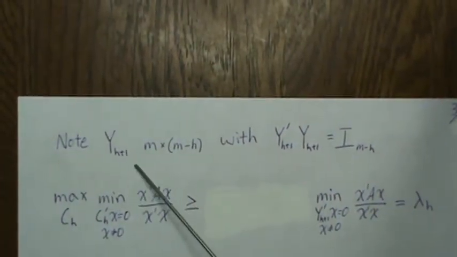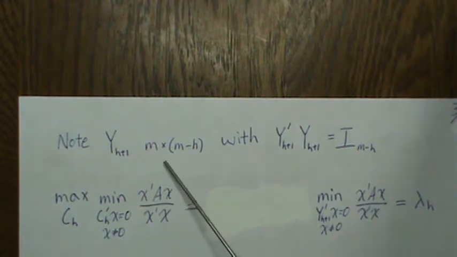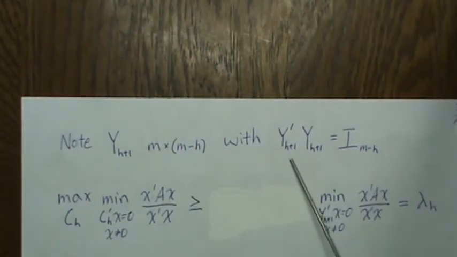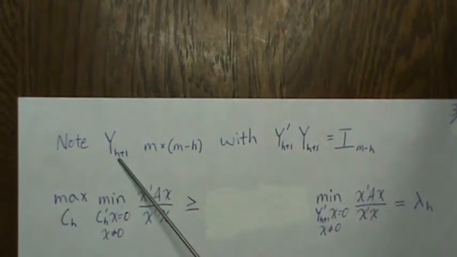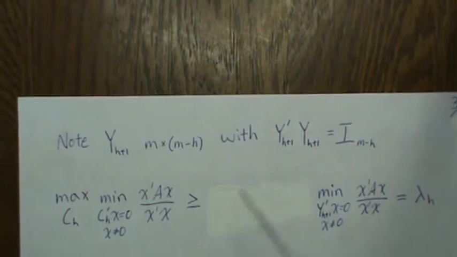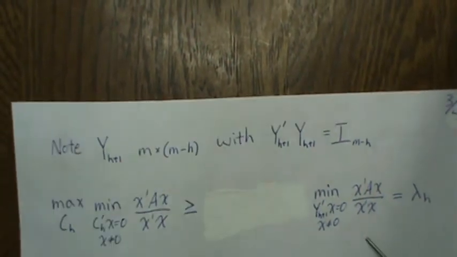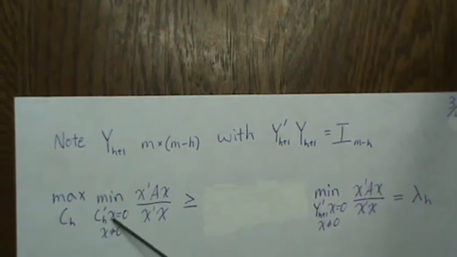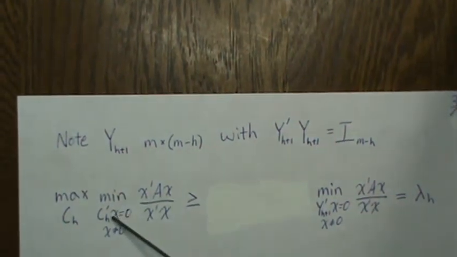Let's let y sub h plus 1 be an m by m minus h matrix, and since they're orthogonal vectors, the product is the identity matrix. And the same sort of relationship here. For any CH that fits this, we find the minimum.